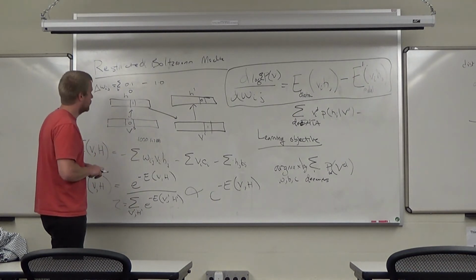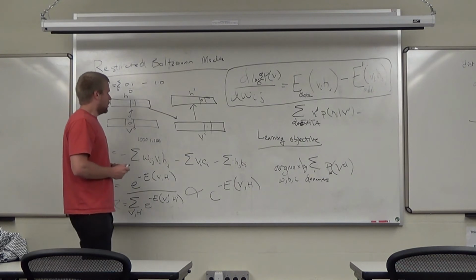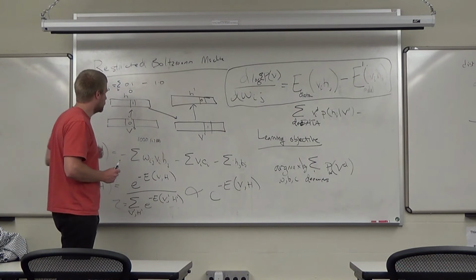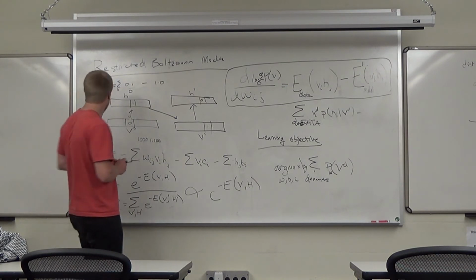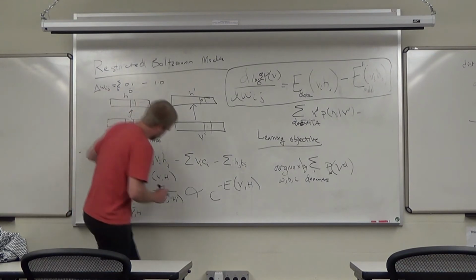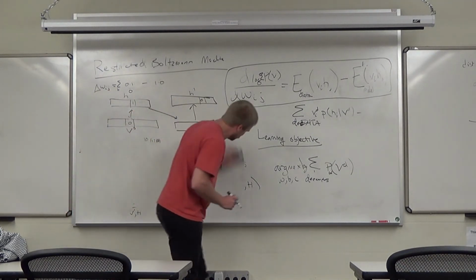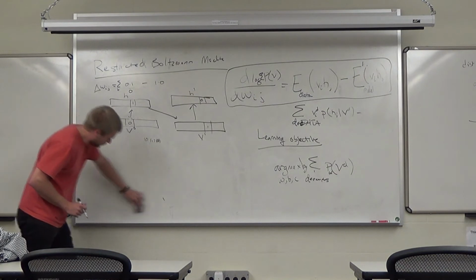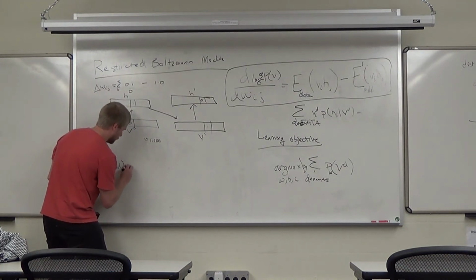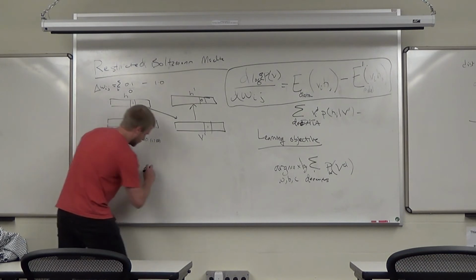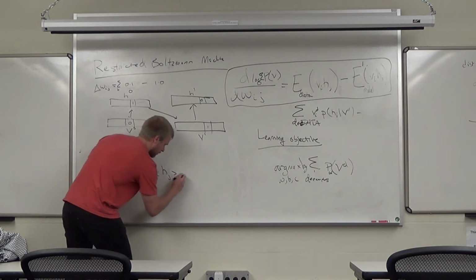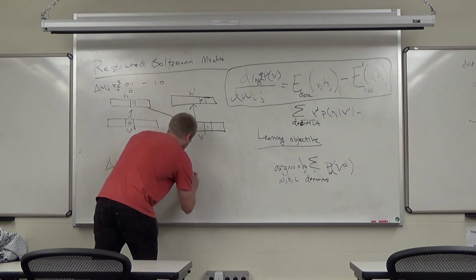Okay, so let's talk about why this kind of makes sense. So I'll just rewrite the learning rule here. I'm going to use the physics notation with brackets. I think that's what Dr. Lee used.